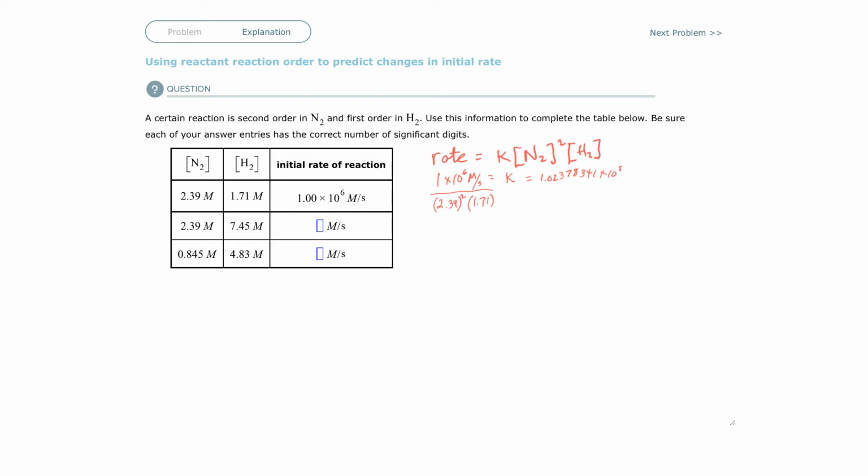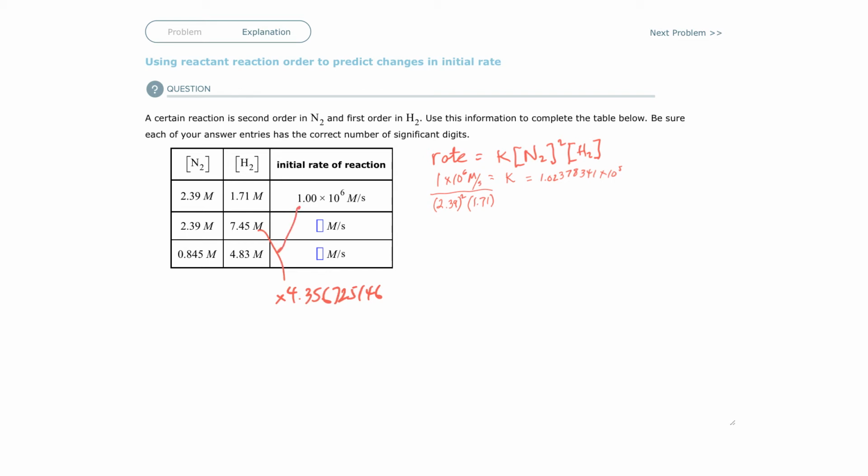Let's divide it out and see. So I have 7.45 divided by 1.71. It's going to go up by 4.356725146. Okay, it's going to go up by that much. So since it's to the 1 power, all I have to do is take the initial rate of reaction and multiply that.